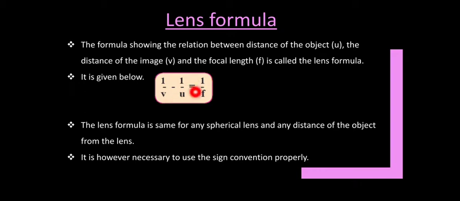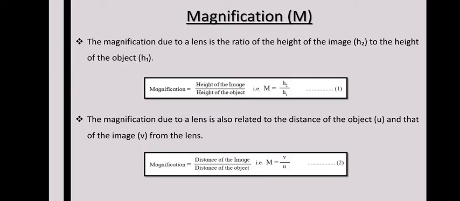Followed? u is the distance of the object, v is the distance of the image, and f is the focal length. This whole is called the lens formula. Now this formula is the same for all spherical lenses and any distance of the object from that particular lens. Now you have to use the sign conventions properly here again.